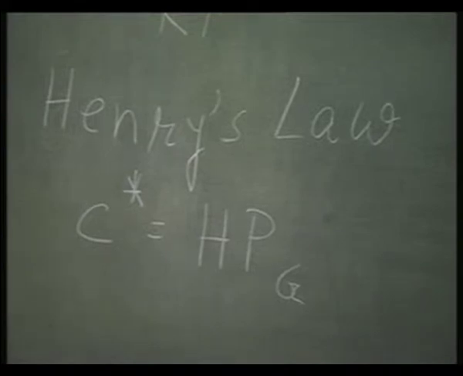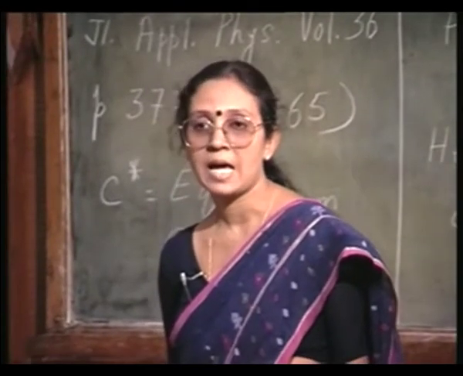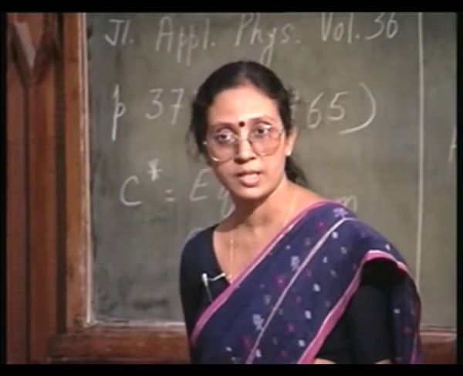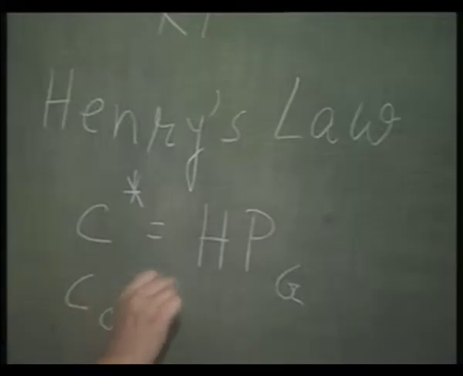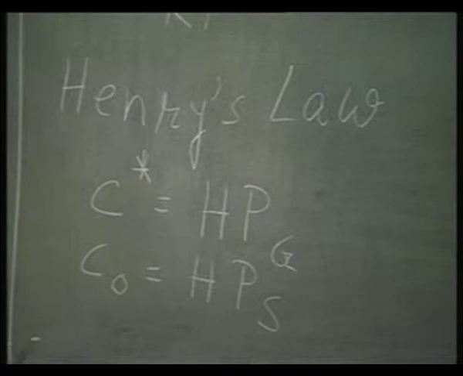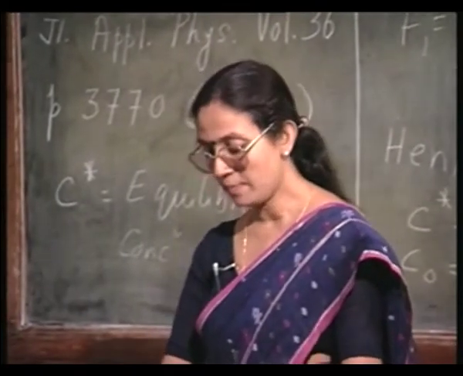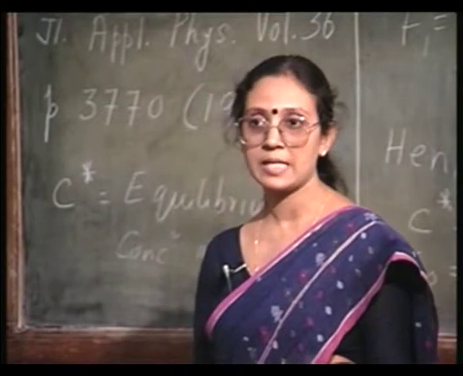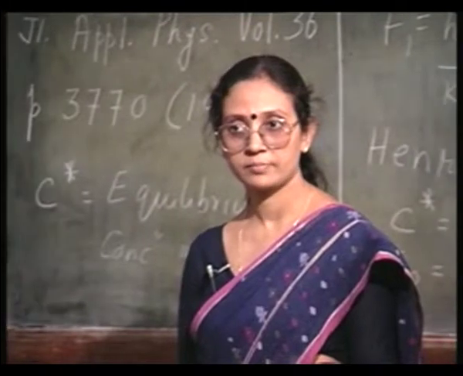Okay. Now, what is C naught? C naught is the concentration of the oxidizing species at the outer surface of the oxide. So, C naught is going to be proportional to Ps, where Ps is the partial pressure of the oxidant right next to the gas oxide surface.